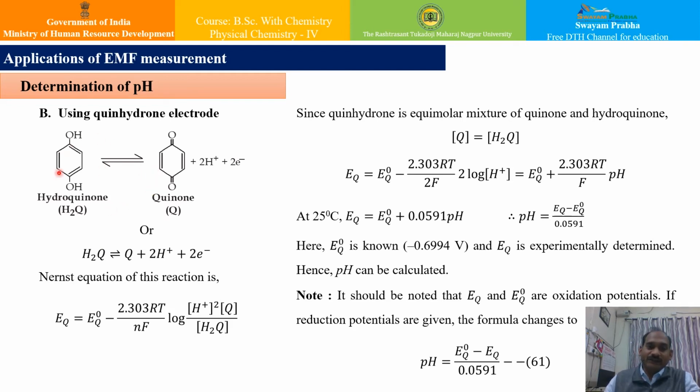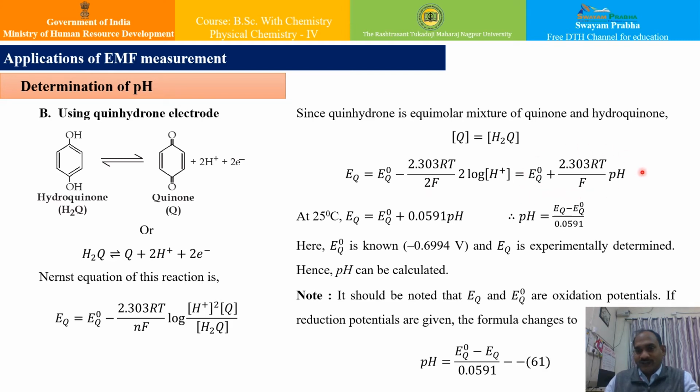But if I would like to utilize it, I can write down this equilibrium, and I can write down the Nernst equation in this fashion. Since quinhydrone is an equimolar mixture of quinone and hydroquinone, at the equivalence point I have this, and I can find out the EMF in this fashion.